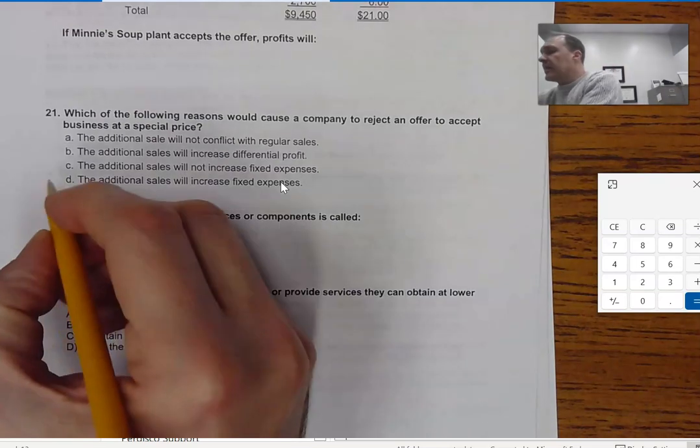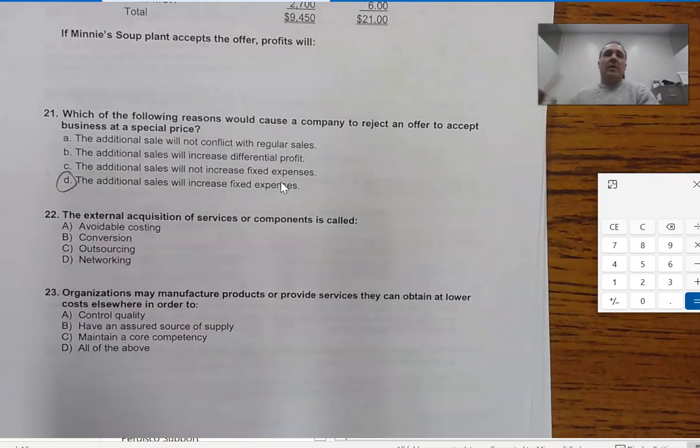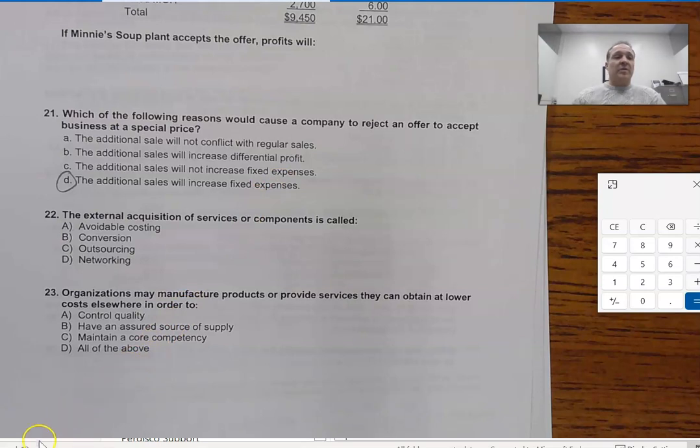So D is going to be our answer, and we will come back here in a moment and we will look at some special price type questions that actually put some numbers behind it, and we're going to pick out the relevant versus irrelevant facts in those questions.